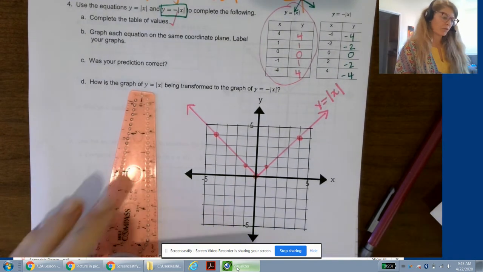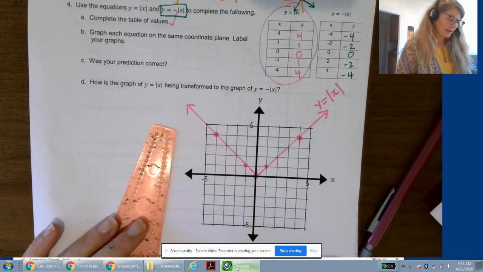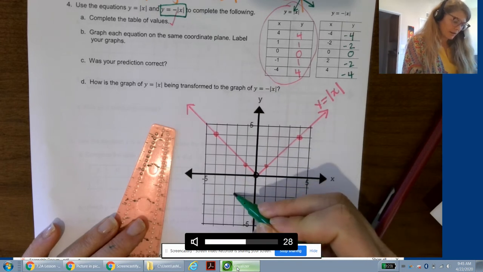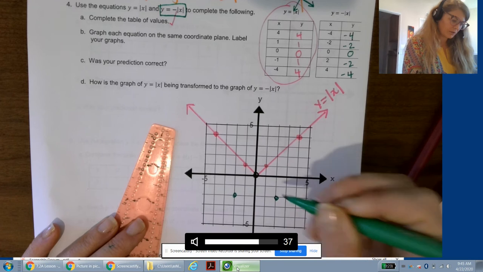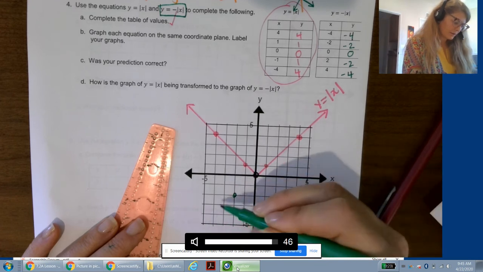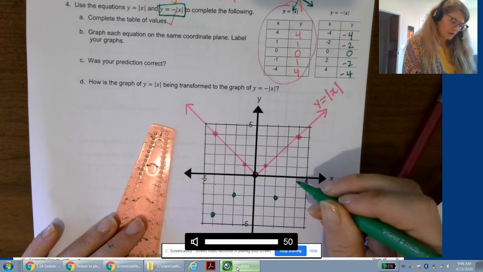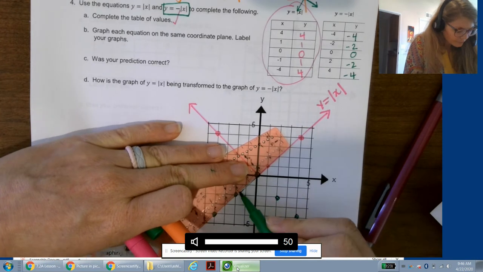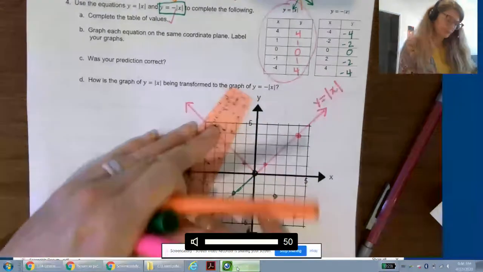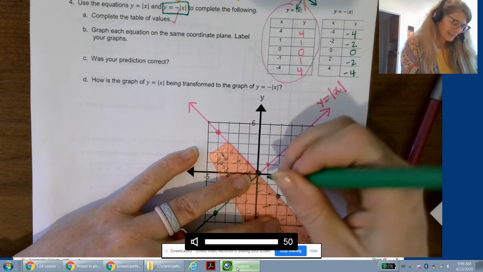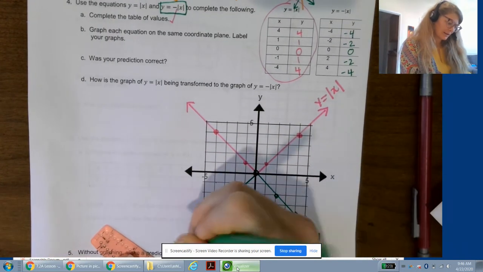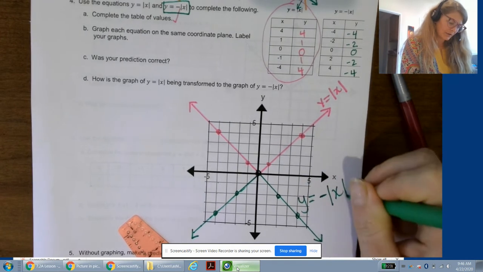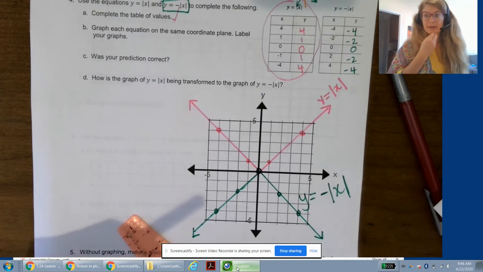And then I'm going to graph my image, 0, 0, negative 1, negative 1, 1, negative 1, 4, negative 4, negative 4, negative 4. Very nice. And this is y equals the negative absolute value of x, making all our outputs negative.